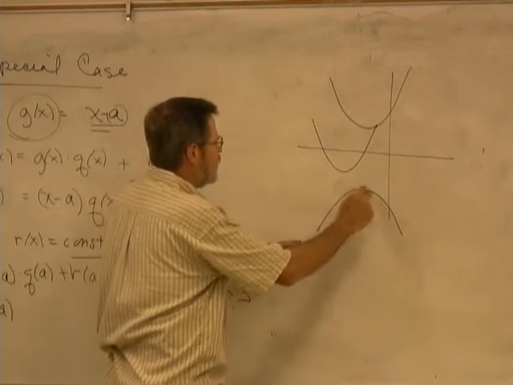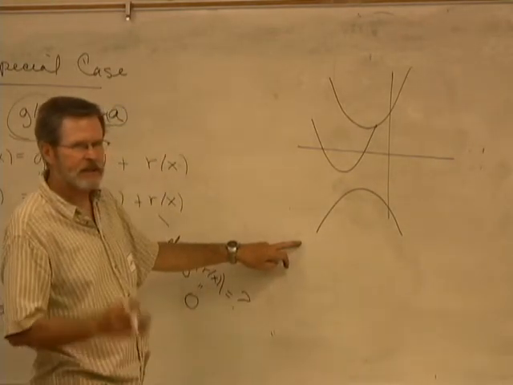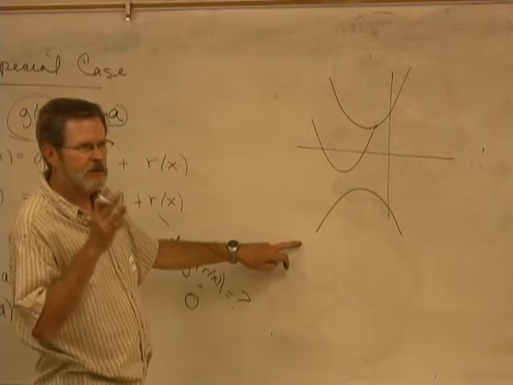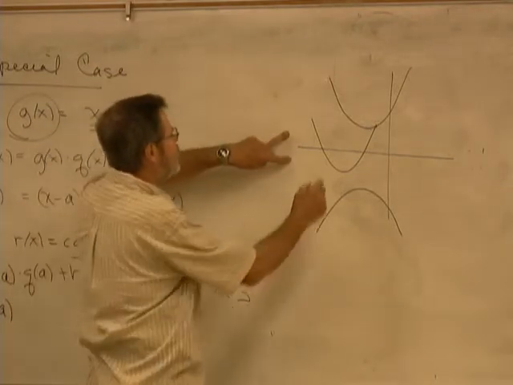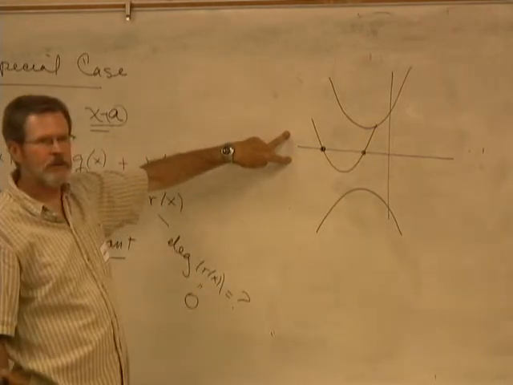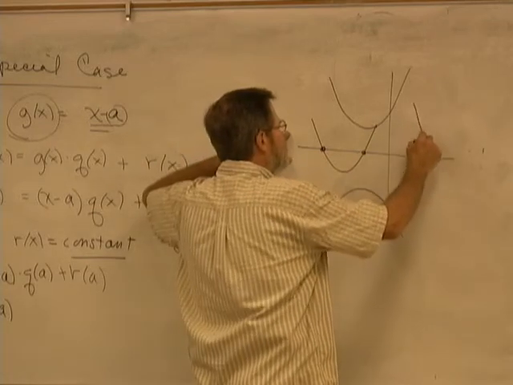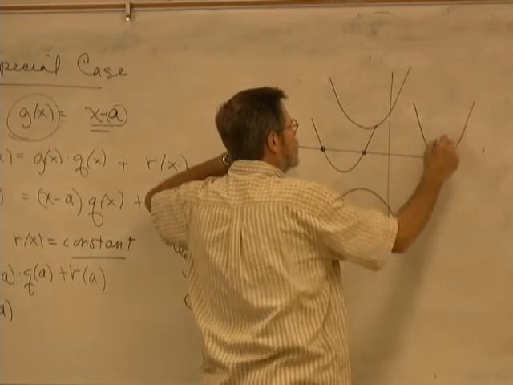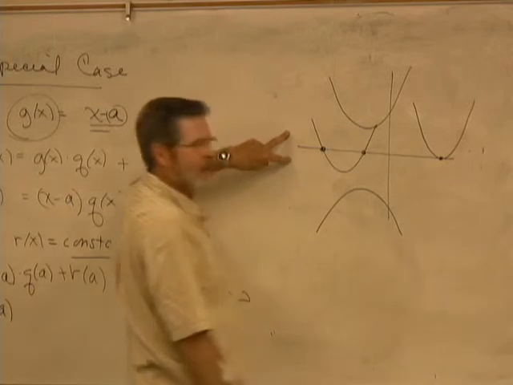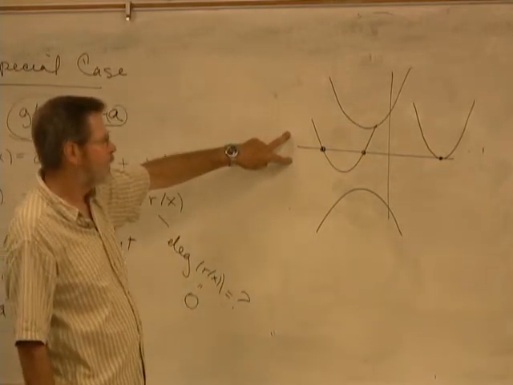Here is another example of a parabola which doesn't cross the axis. Also, no real roots. This one has exactly 2 real roots, two values of x which make this equal to 0. And we could even construct examples where this comes down, touches once, and there's exactly one real root for a parabola.